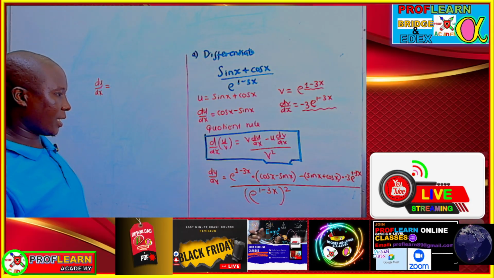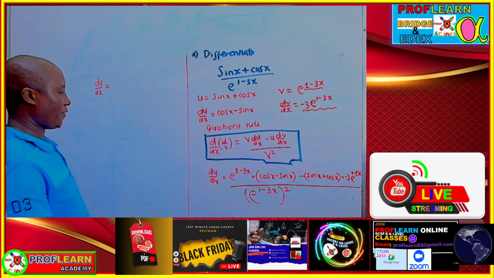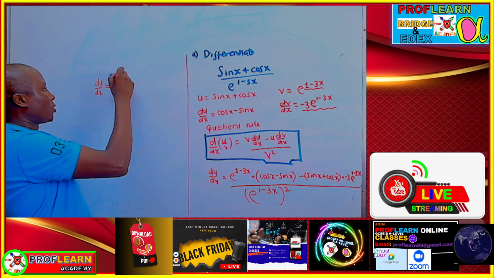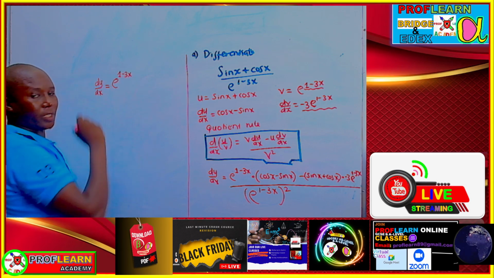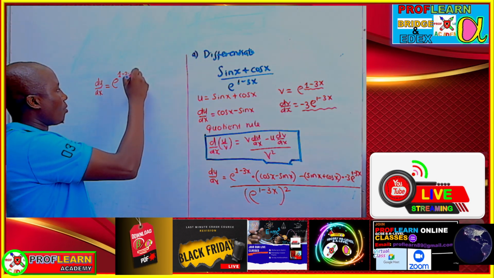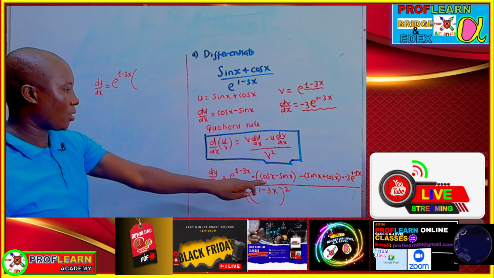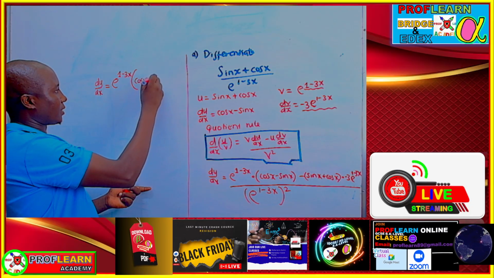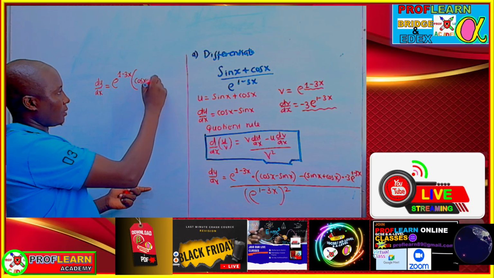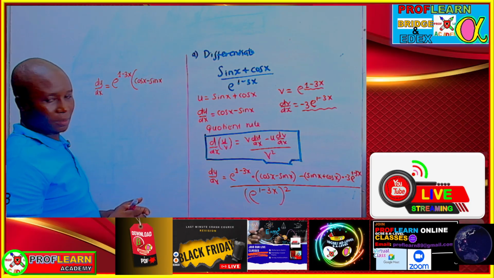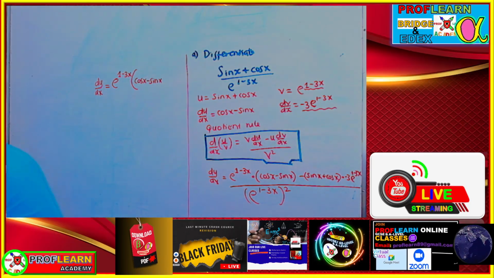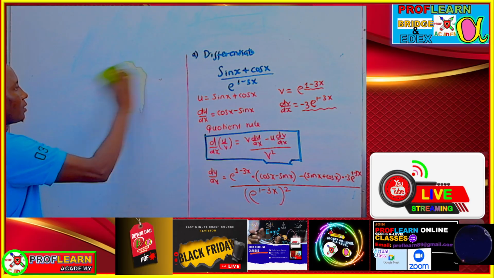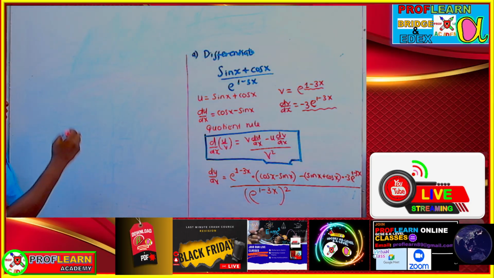So if we factor out the exponent, we're going to have e^(1 − 3x), and we remain inside the bracket with cos x minus sin x. I think that space is not going to be enough, I have to give myself quite enough space.